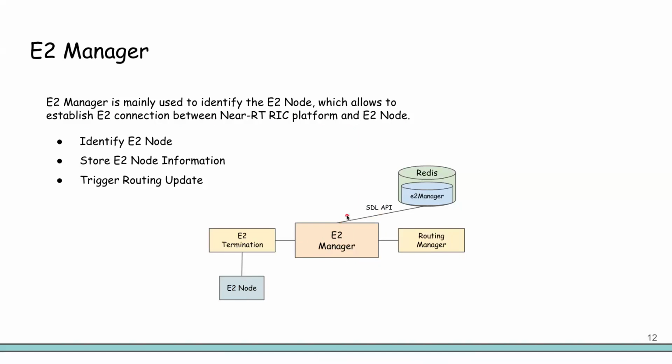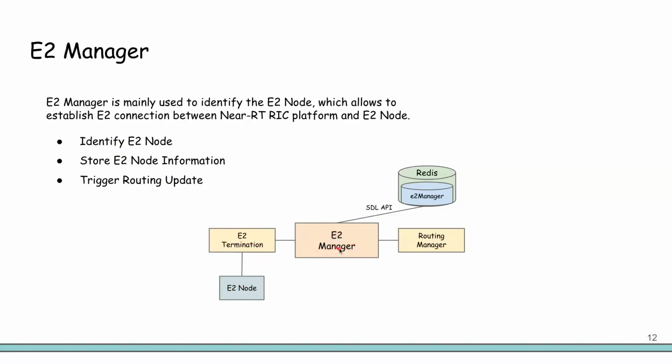Okay, so the first function is to identify the E2 node. When the E2 node wants to communicate with the Near-RT RIC platform, E2 termination would receive this request and forward it to E2 Manager.